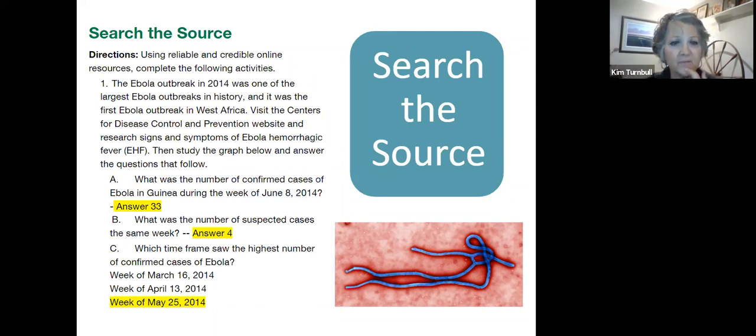This one is from the immune system, and it talks about the Ebola. We went ahead and added the answers from the teacher's edition in there, so you wouldn't have to go looking, but the questions are the ABC part of it. And then the answers are in the yellow highlighted areas.